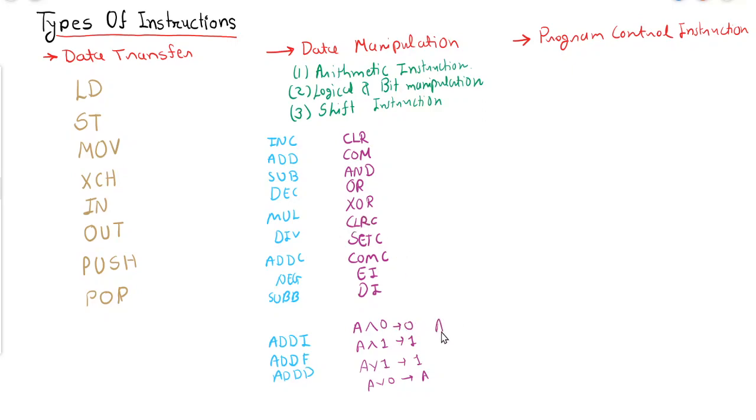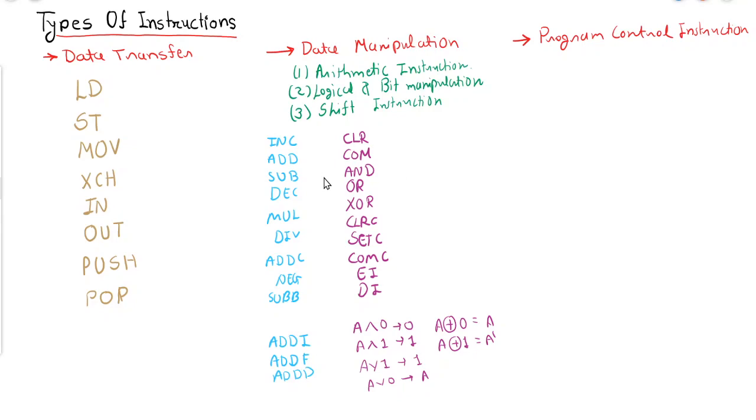For example, a XOR 0 gives a, and a XOR 1 gives a complement. So if we want to perform this kind of operation, we can go with the logical and bit manipulation instructions.